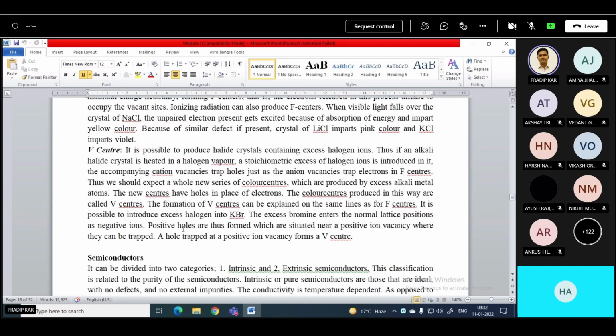Remember that in the case of cation, here only the hole is present, an electron deficit hole. So it behaves as a positive center, but the cation is missing and electrical neutrality is maintained. This is known as V-center. Is it clear?